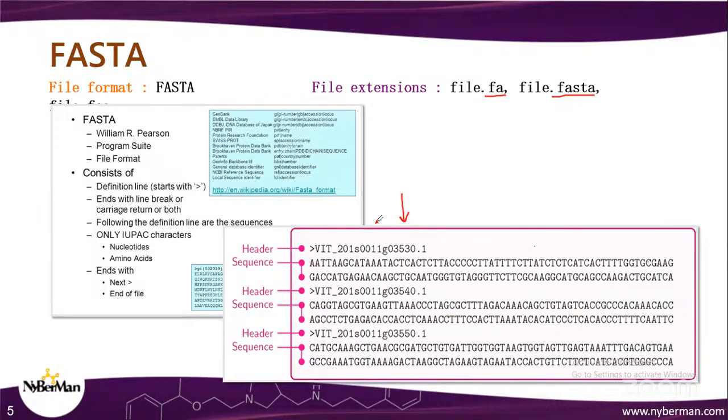So here we will be looking at how a FASTA file has two lines of code. A single FASTA sequence has two lines, and the first line is always the header, which starts with the greater than symbol.